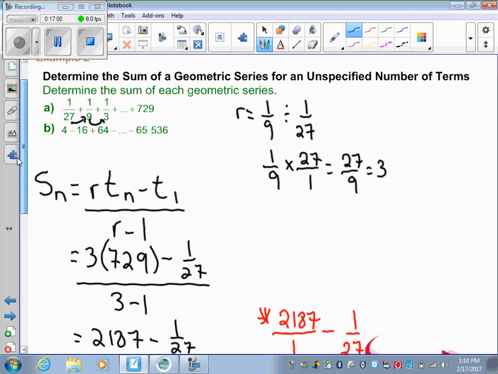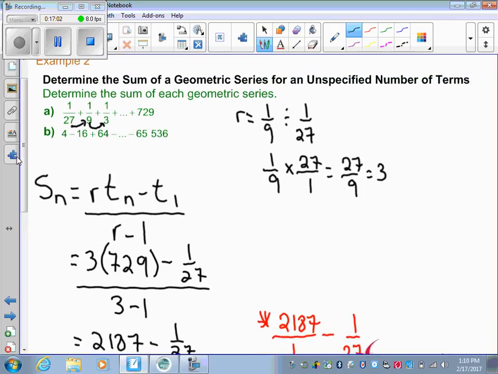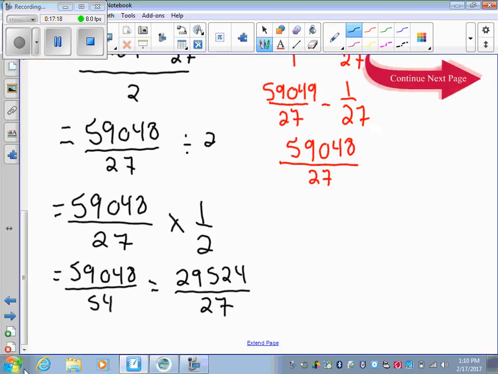Okay? And we have a part B as well. No fractions in this one, but we do have to find our R. Our R you get by doing negative 16 divided by 4, which is negative 4. Okay.